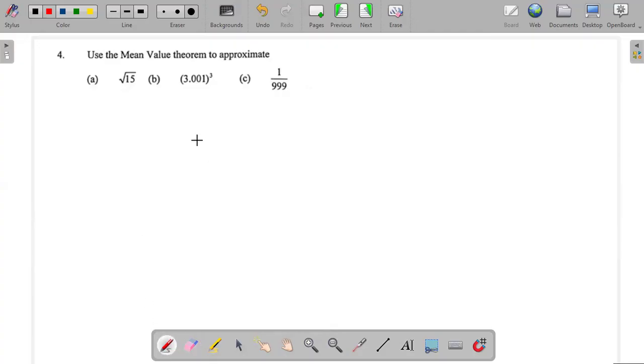Okay, so now what am I going to do next? It's this one. We have 1 over 99,999. So in short, let f of x be equal to 1 over x. Your a, something very close to that, is just going to be 1000.